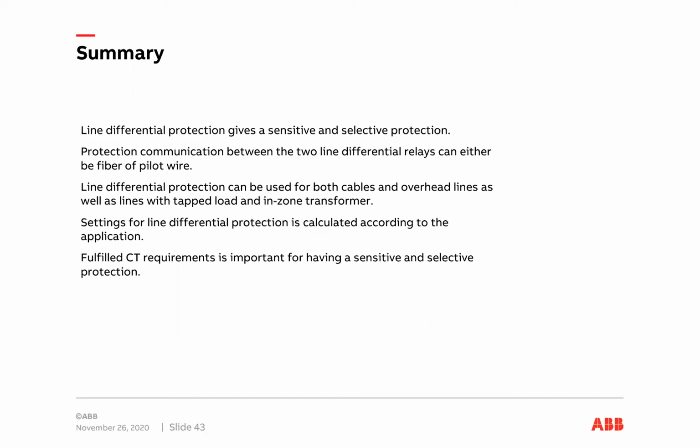We always need to have a protection communication between the two line differential relays, and this can be either optical fiber or galvanic pilot wire. We can use line differential for both cables and overhead lines, and also in case we have a tapped load or an in-zone transformer inside the protected zone.